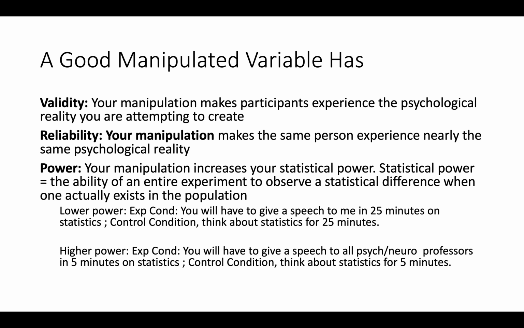Now, measures also have validity, reliability, and power. Validity of your measure is basically the same idea. Are you measuring what you say you are measuring? Let's say we're measuring the stress response with the galvanic skin response, which is simply how much someone sweats, right? Are we measuring stress? We may be. We do know that the galvanic skin response is associated with an increase in stress in the body.